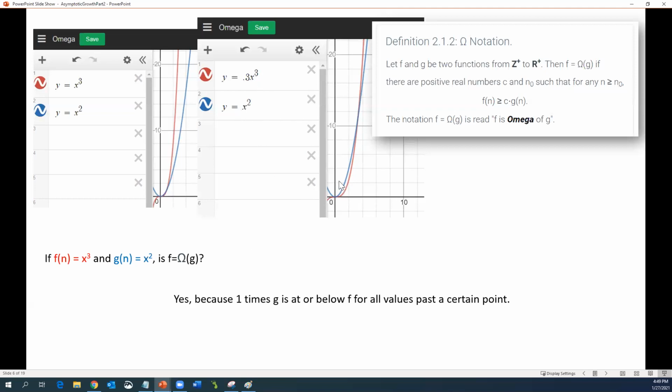But it really is, because right here you think g is not a lower bound. The blue is not below it, but eventually it will get there. So even with any constant in front of this x to the third, we're still going to find that x squared, or a constant times x squared, will eventually become a lower bound.